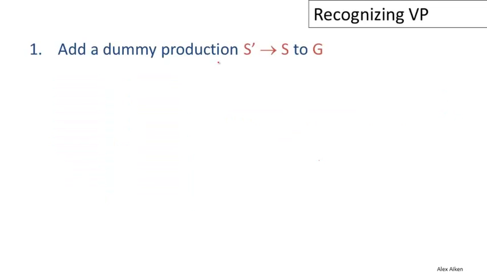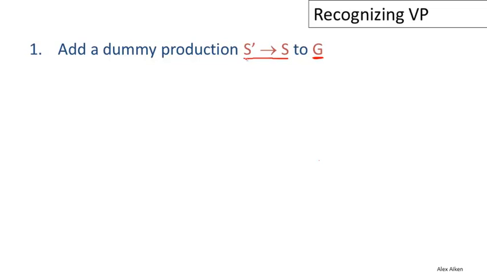The first step is just a very technical point, and it's not that important, but we're going to do it anyway because it makes things simpler: add a dummy production S prime goes to S to our grammar of interest G. Just to set the stage, we're trying to come up with an algorithm for recognizing the viable prefixes of G. If S is the start symbol, we're just going to make up a new start symbol, S prime.